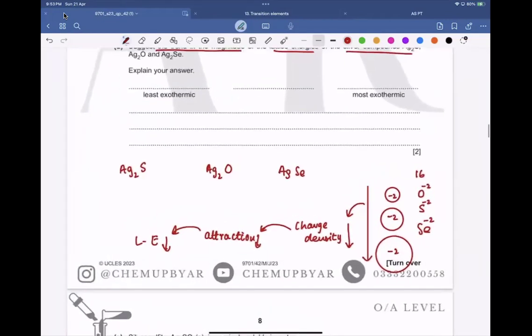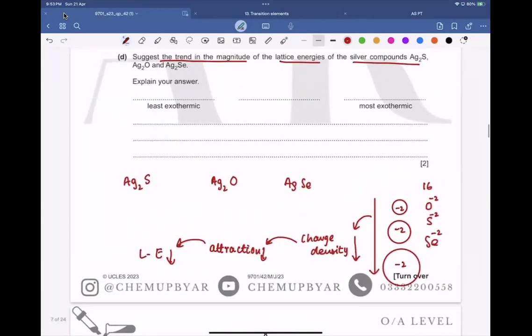So which one is going to be the least exothermic among these three? Ag2Se, silver selenide, then silver sulfide, then silver oxide.